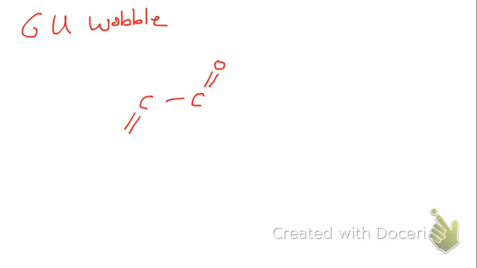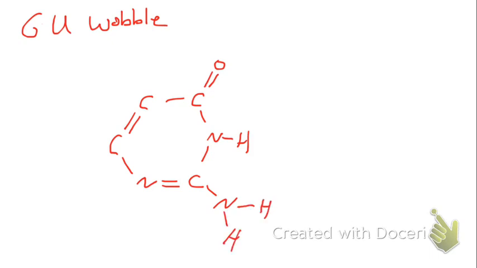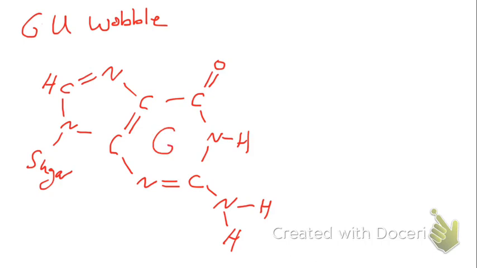So let's draw guanine first. And what we'll see is that it's not a direct face-on-face or two faces attacking each other, but it is shifted, which is why we call it a wobble. So there's guanine. So let's draw uracil.